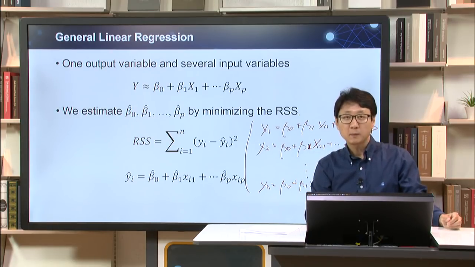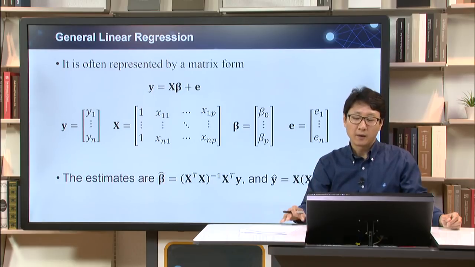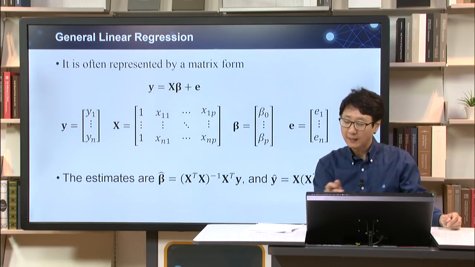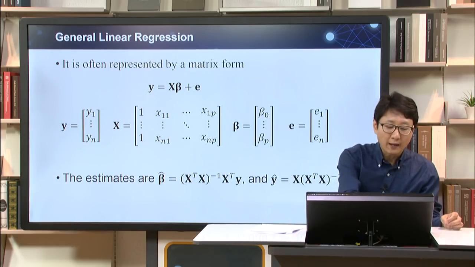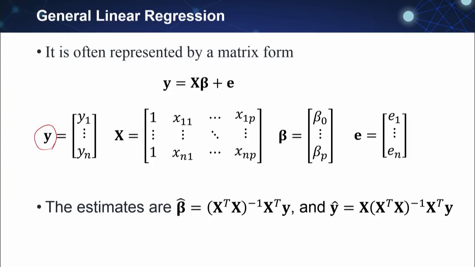This can be simply expressed in matrix form like this. Here, vector y is a vector of the n output sample values, and matrix x is an input matrix with observed input variables. In order to include the intercept term, beta 0, we have a dummy column that we fill with all ones.